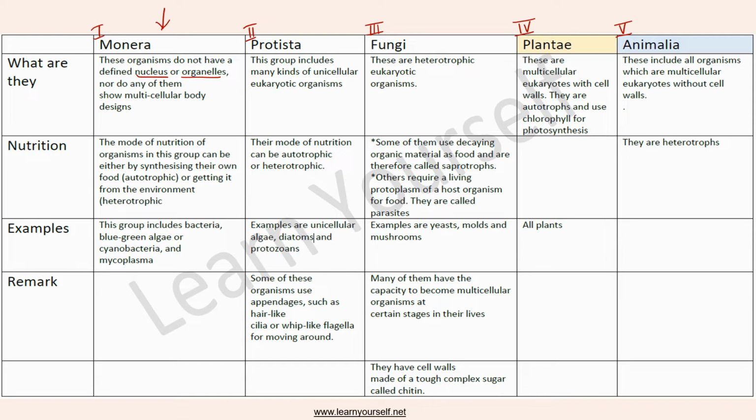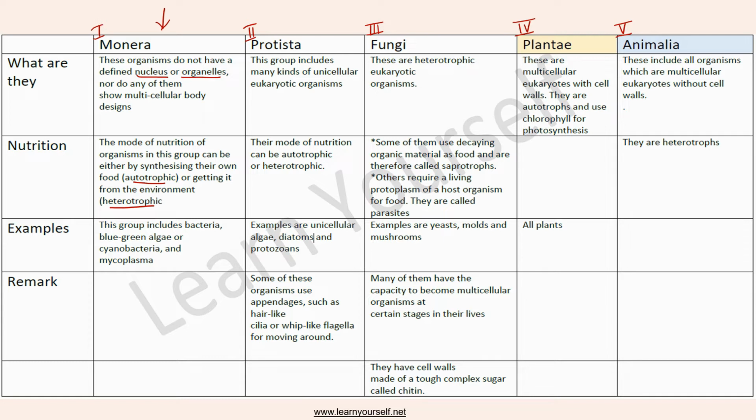Mode of nutrition: either they synthesize their own food or they get it from the environment, so both autotrophic and heterotrophic modes of nutrition are seen. Examples are blue-green algae, cyanobacteria and mycoplasma, which belong to the Monera kingdom.